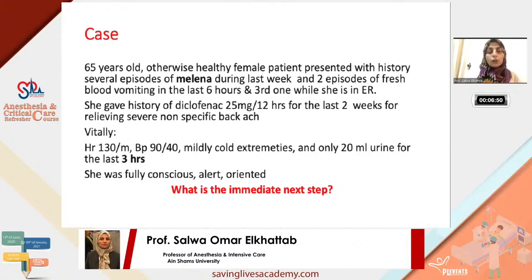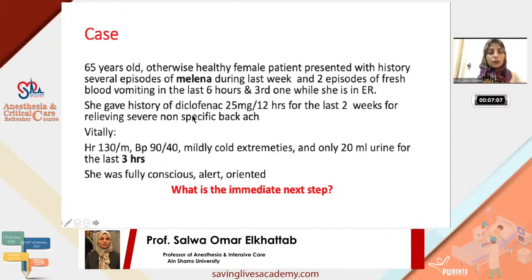She gave a history of receiving diclofenac 25 milligrams every 12 hours for the last 2 weeks to relieve a non-specific severe backache, and that was her only past medical history.